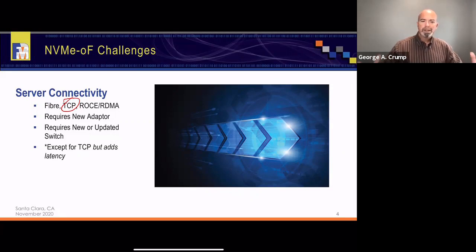If you stick with the other protocols, part of the problem is that it does require a new adapter, and it requires a new or updated switch. Again, the exception is TCP, but it adds latency. Now, what we've seen in most of our testing is that the latency that TCP adds is more theoretical.